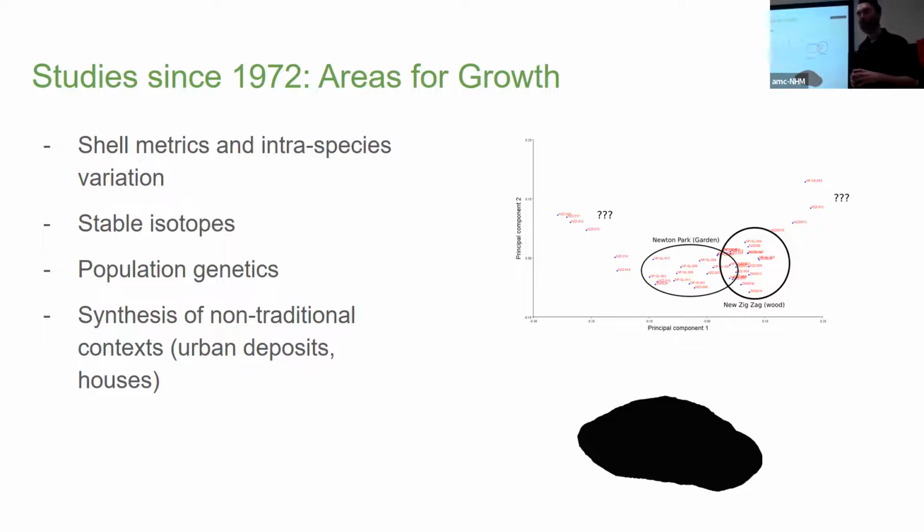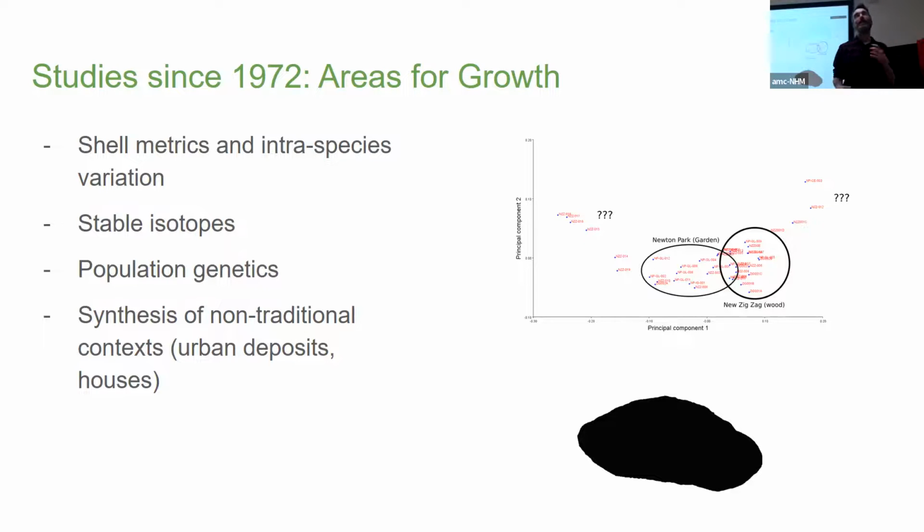There has been some work on population genetics as well. In particular, a very interesting study by Grindon, who looked at Cepaea nemoralis in Ireland, comparing the genetics of living populations of Cepaea nemoralis with those from elsewhere in Europe, and found that the origin of the Irish population seems to be in Spain, possibly at a Mesolithic date.